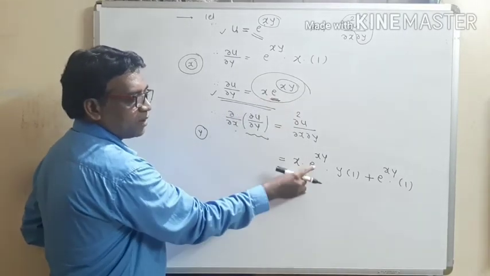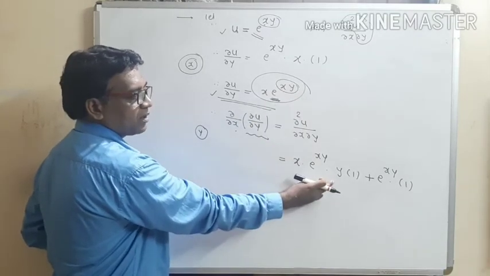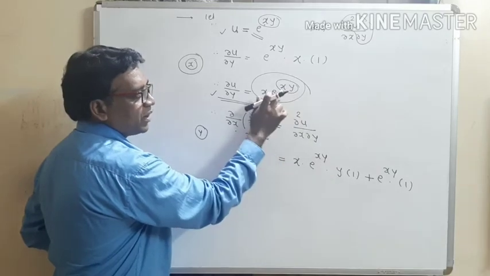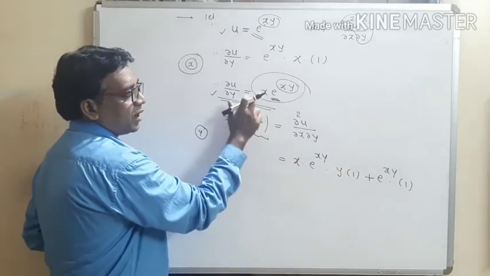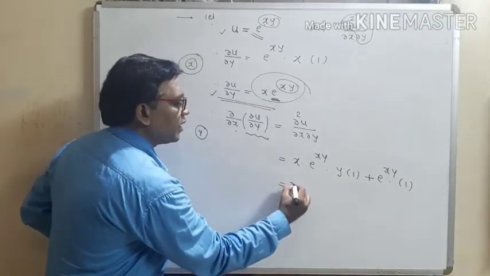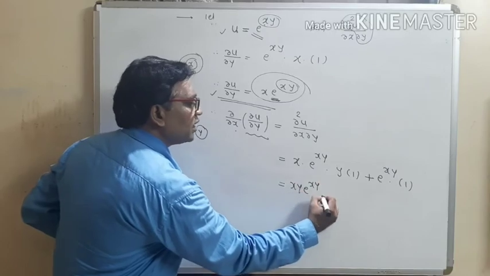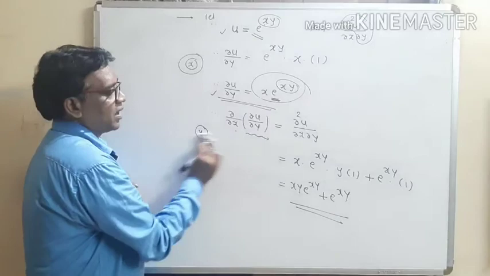Derivative of exponential term, it is the same, into, by chain rule, multiply by derivative of xy. Y, this is constant term, derivative of x, it is 1, plus second term as it is e raised to xy, into derivative of first term, it is 1. So this is equal to xy e raised to xy plus e raised to xy. So this is our required answer.